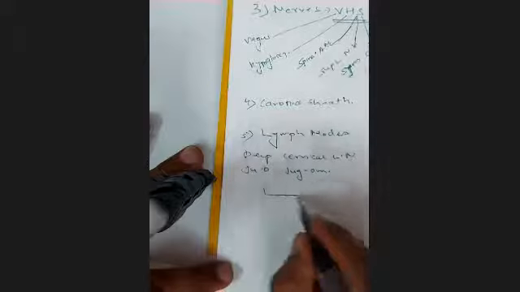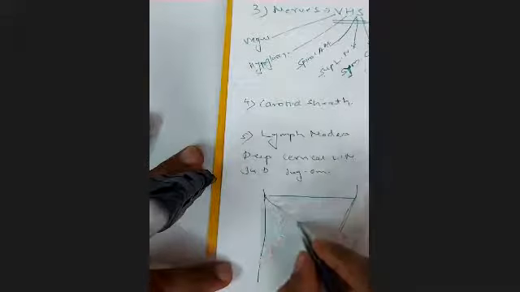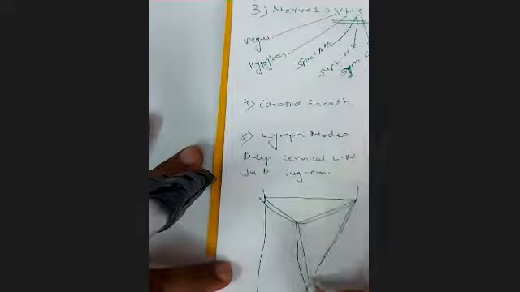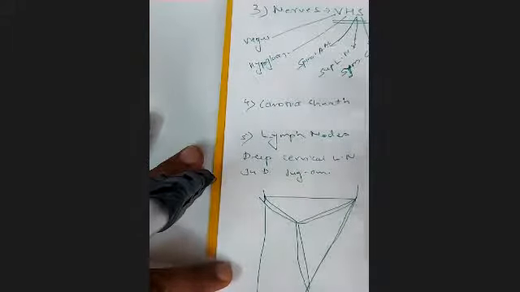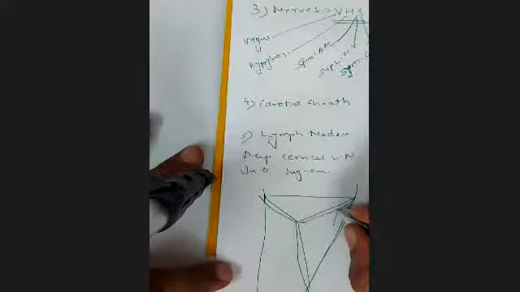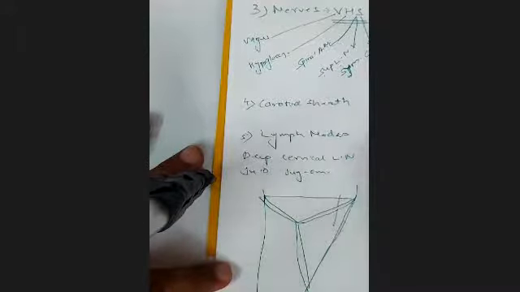As you are studying this, you must have realized there are structures common to both these triangles, the digastric and carotid. So this is the midline, this is the digastric and this is the omohyoid. You have realized that the external carotid artery passes from the carotid triangle to the digastric triangle and enters the parotid.